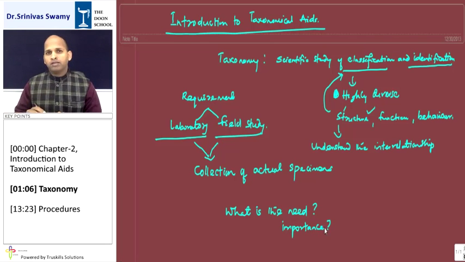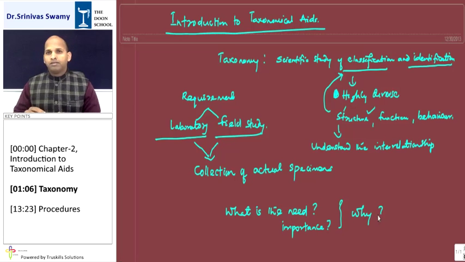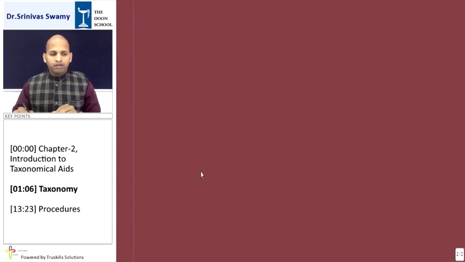Why we should study? We need to understand this particular aspect. So for that, let's have a look at these few points that will give us a brief idea about why we need taxonomical aids or why we need taxonomical study.